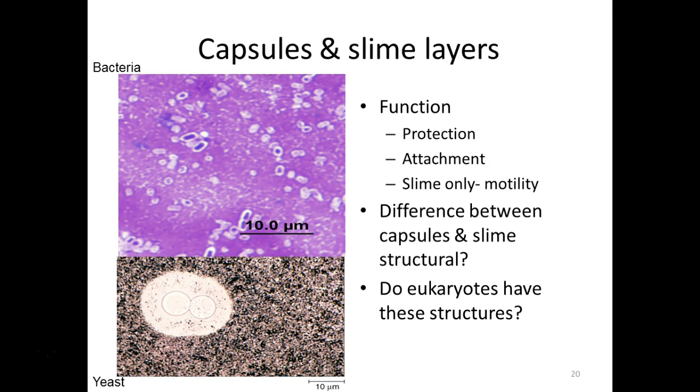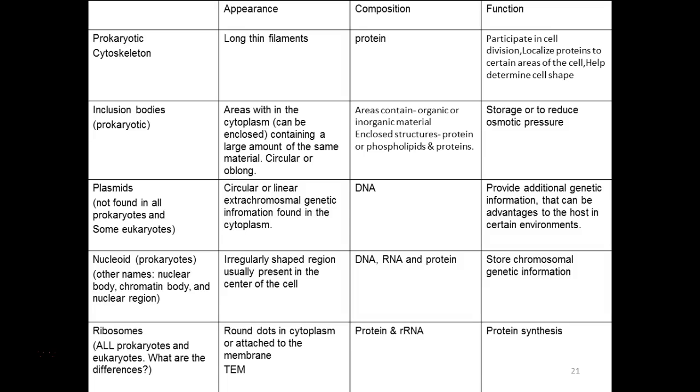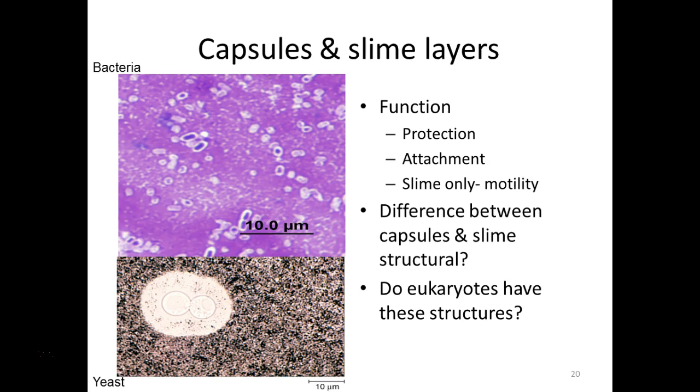Gram-positive, you got that membrane, thick layer of peptidoglycan, and then the capsule. And then guess what? This is a yeast. So, do eukaryotes have capsules? Yeah, because a yeast is a eukaryote, isn't it? Yeah, they do. Some of them do. That one's pretty easy. The answer is yes.